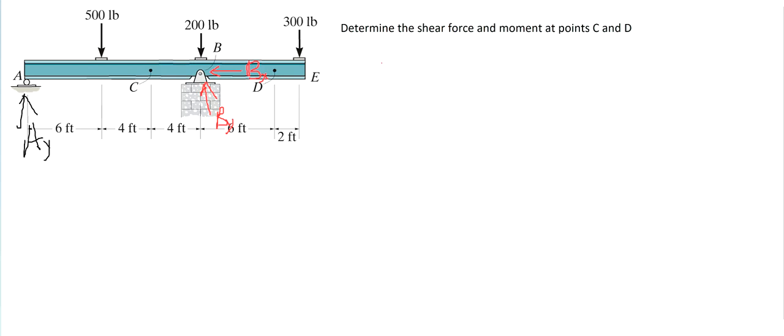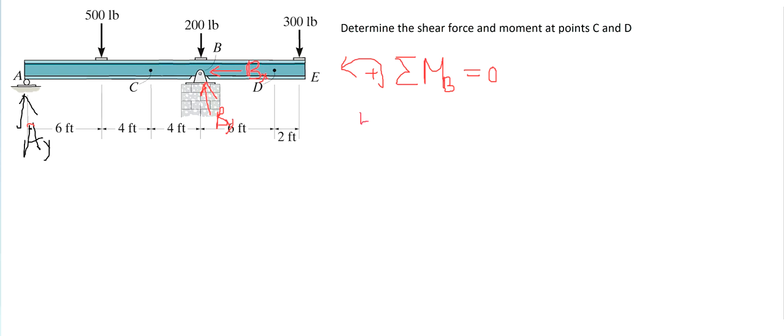Now, in order to calculate the value of AY, we will take a moment about B. Since the structure is in static equilibrium, the net moment about B must be 0. In all our problems, we will be taking counterclockwise moment as positive and clockwise moments as negative.